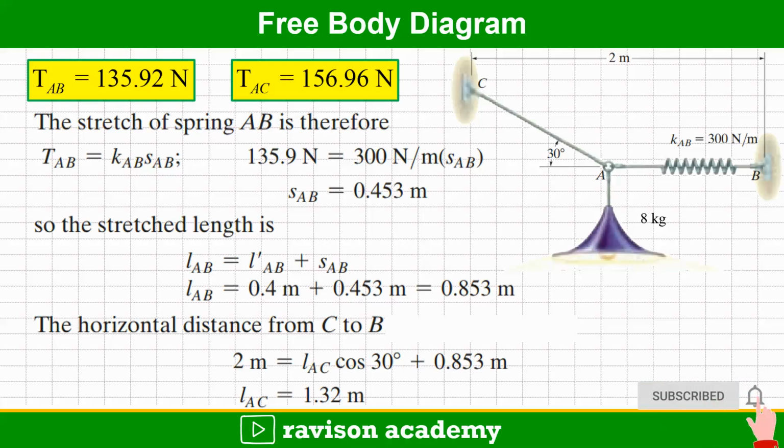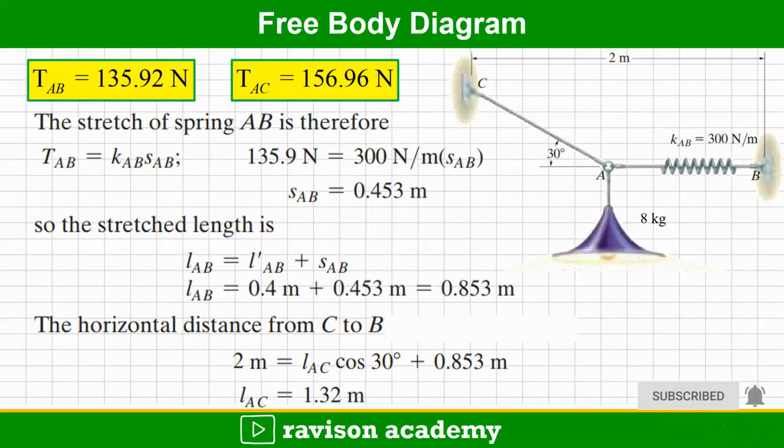The K of AB is given as 300 Newton per meter and S of AB we want to find out. Using this equation, we get S of AB as 0.453 meters. The final length of AB is equal to the undeformed length plus the stretched length, so L of AB is 0.4 meter plus 0.453 meter. We get length of AB as 0.853 meter.